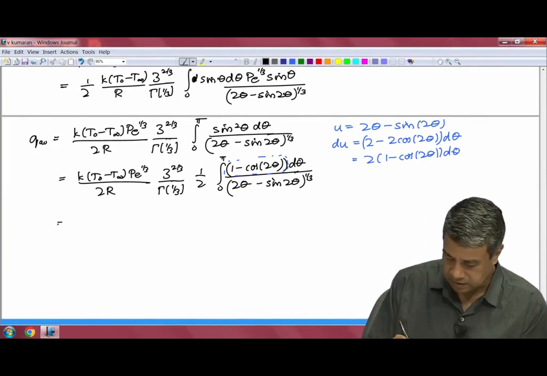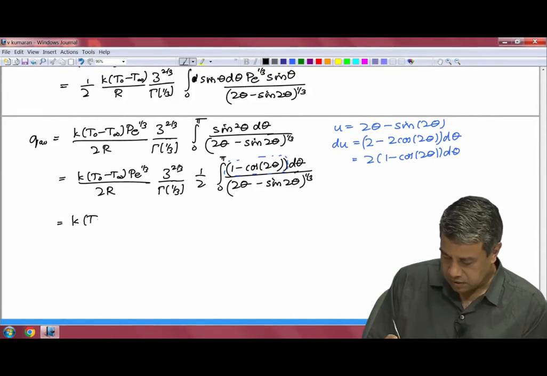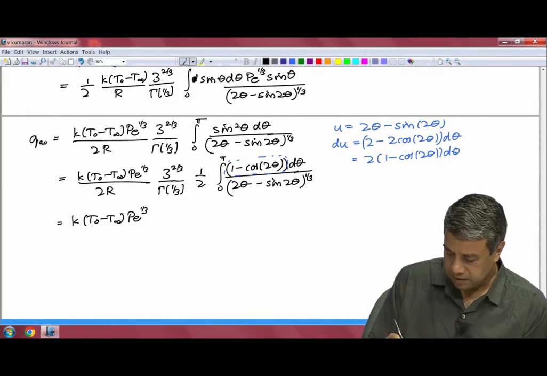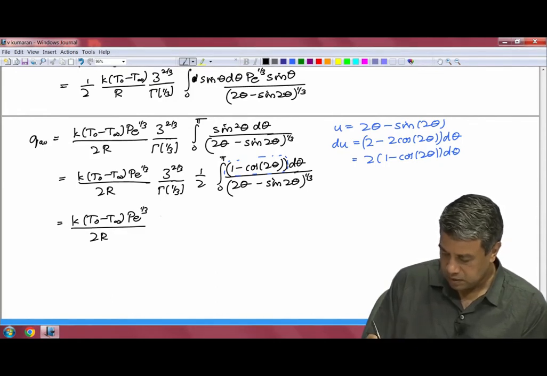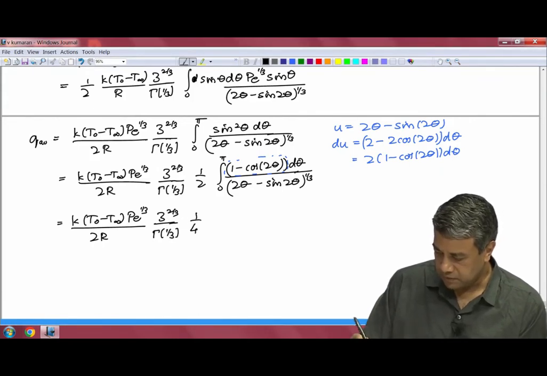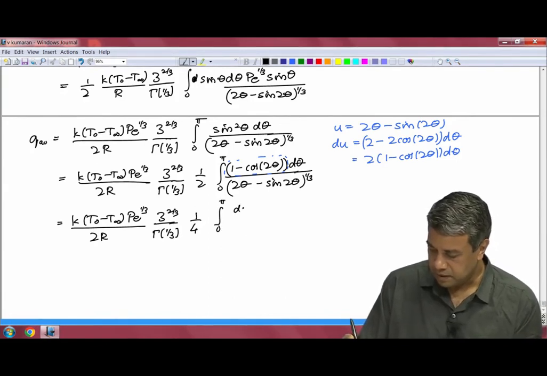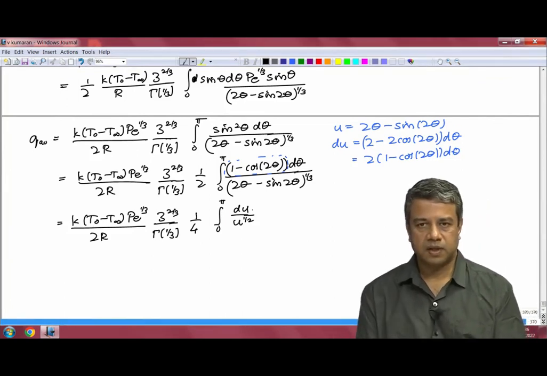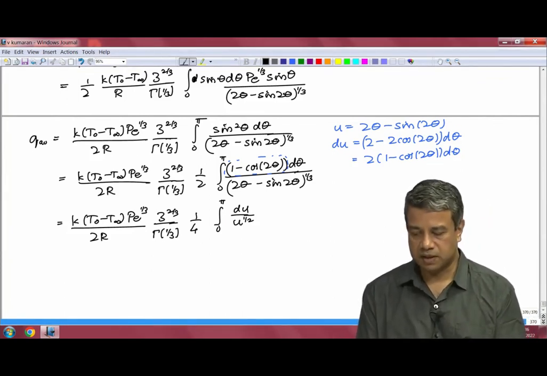So, I will get k into (T naught minus T infinity) Pe^(1/3) by 2r, 3^(2/3) by gamma of 1/3, times 1 by 4 integral 0 to pi of du by u power 1/3.